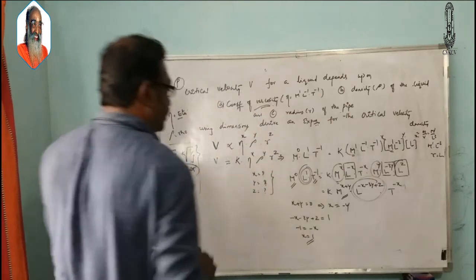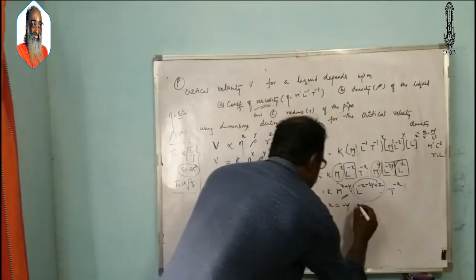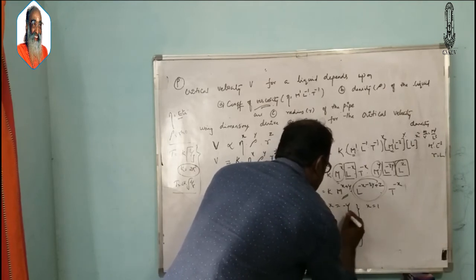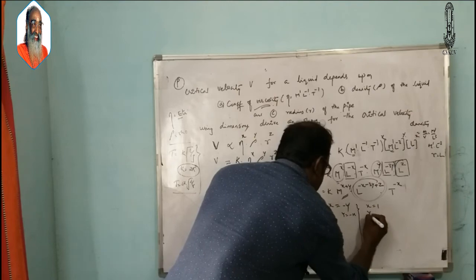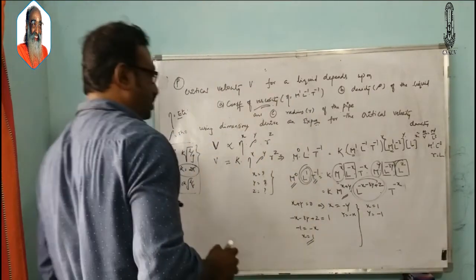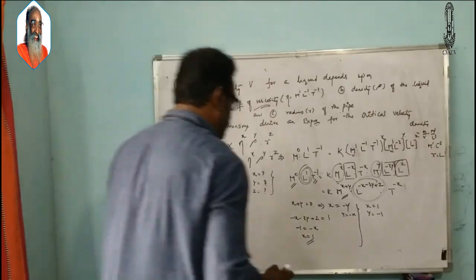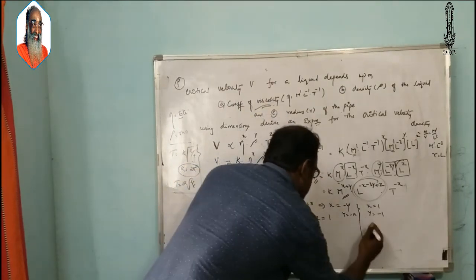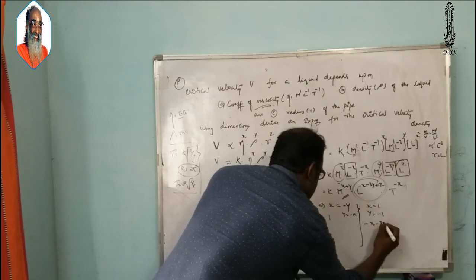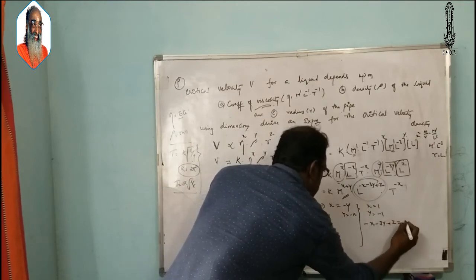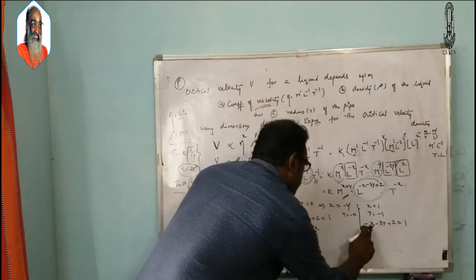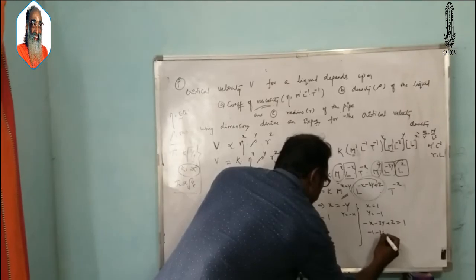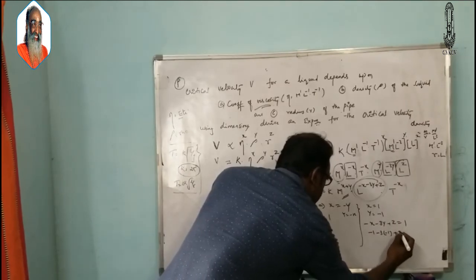So x equal to 1 we already got. If x is equal to 1, x is equal to minus y, or y is equal to minus x, which is minus 1. So the second one we have also extracted. Coming to the third expression, minus x minus 3y plus z is equal to 1. Taking x is equal to 1, it is minus 1, minus 3 into y, which is minus 1, plus z is equal to 1.